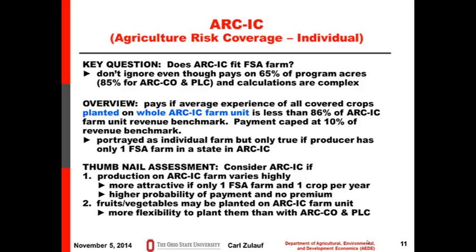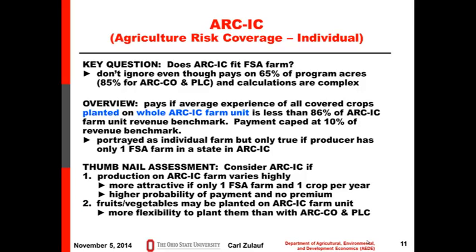In general, I would agree that this applies to more narrow situations than does ARC-CO and PLC, but I think it's very important for all producers not to simply dismiss ARC-IC because it only pays on 65% of program acres, not the 85% that ARC-CO and PLC pays on.